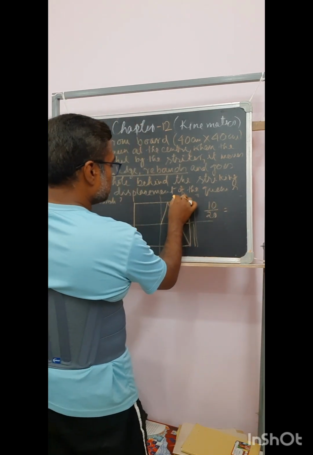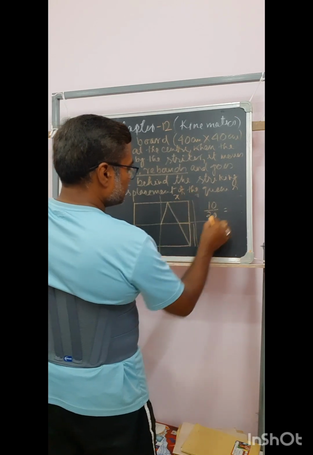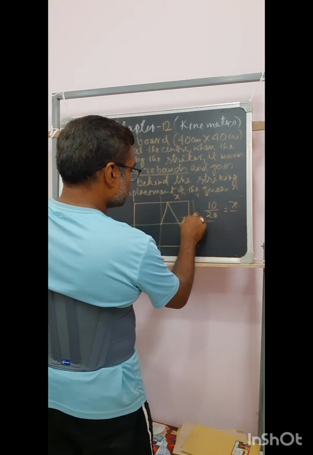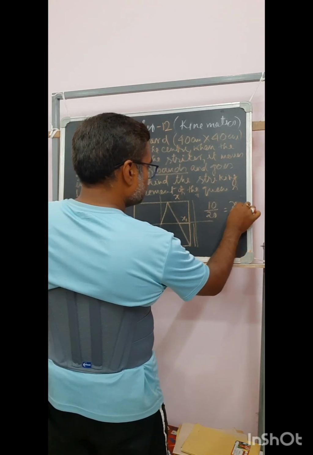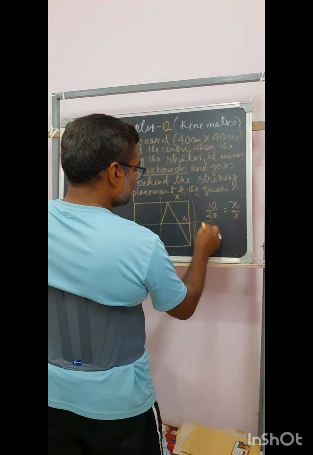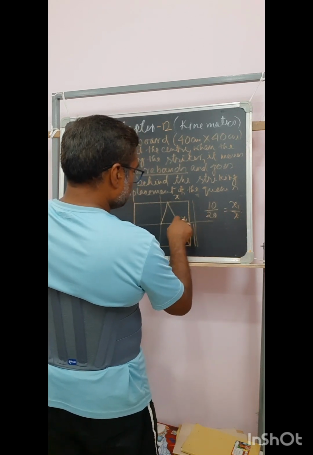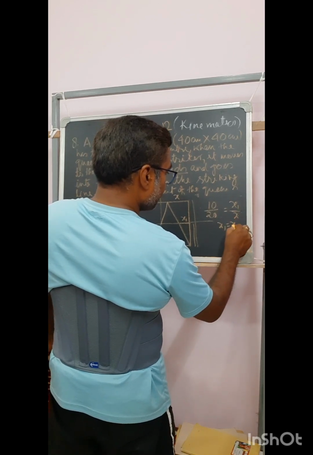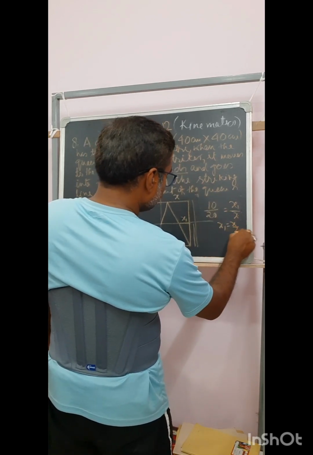So this distance, let me take it as x. So this is x, and this I am taking as x1. Oh sorry, this will be x1, then x. So this is how much? x1 is equal to x by 2.